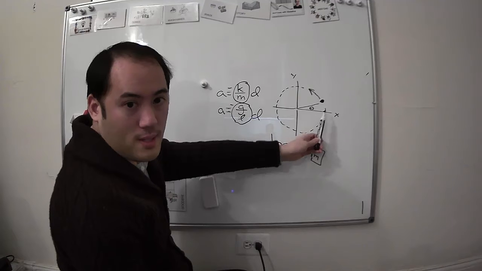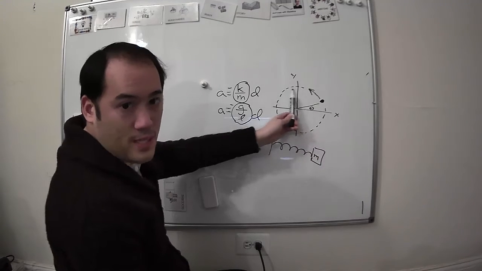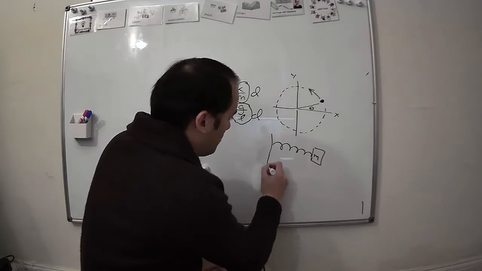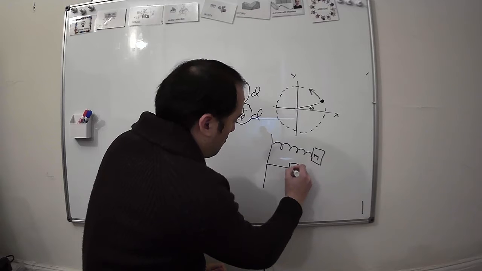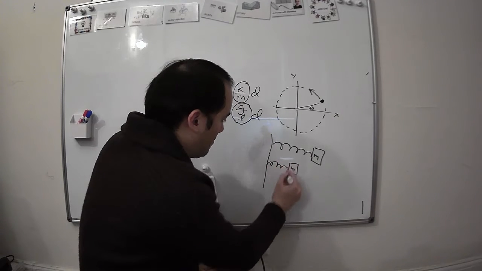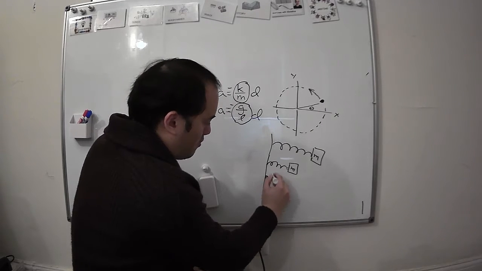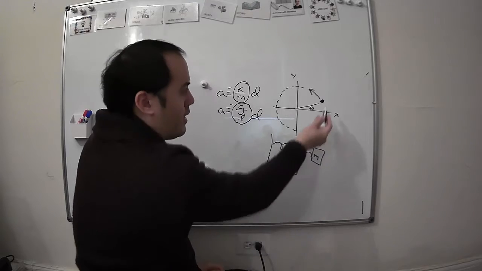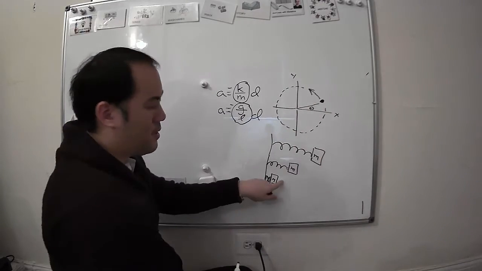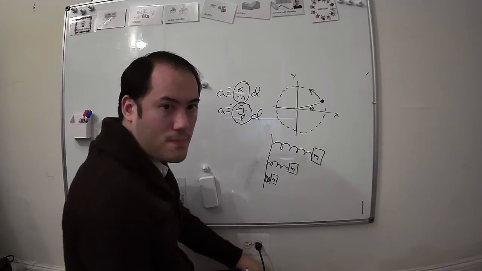If the ball starts here and the block starts here, and by the time the ball reaches here, the block will be here. That kind of is a spring. And then when the ball reaches here, the block will be here. And as the ball goes back and forth, the block will also go back and forth.